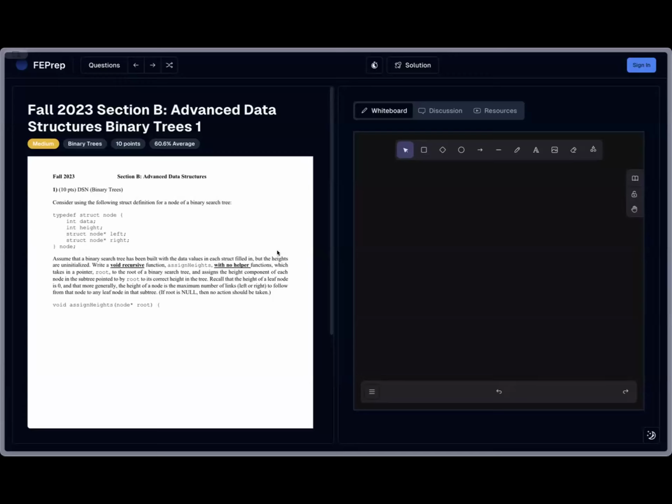Write a void recursive function, assign heights with no helper functions, which takes in a pointer root to the root of a binary search tree and assigns the height component of each node in the subtree pointed to by root to its correct height in the tree. Recall that the height of a leaf node is 0, and that more generally, the height of a node is the maximum number of links left or right to follow from that node to any leaf node in that subtree. And then if root is null, then no action should be taken.